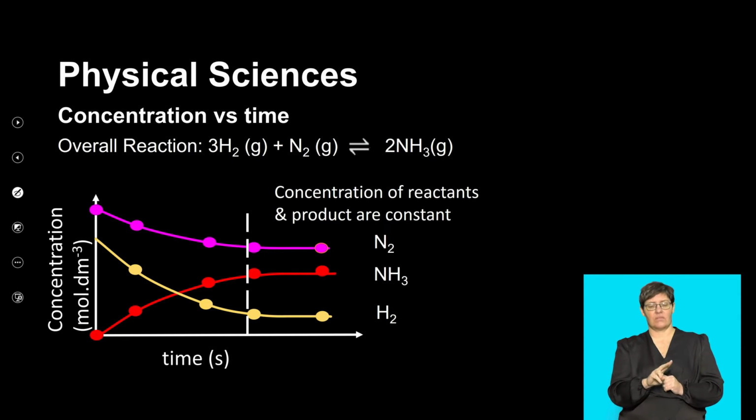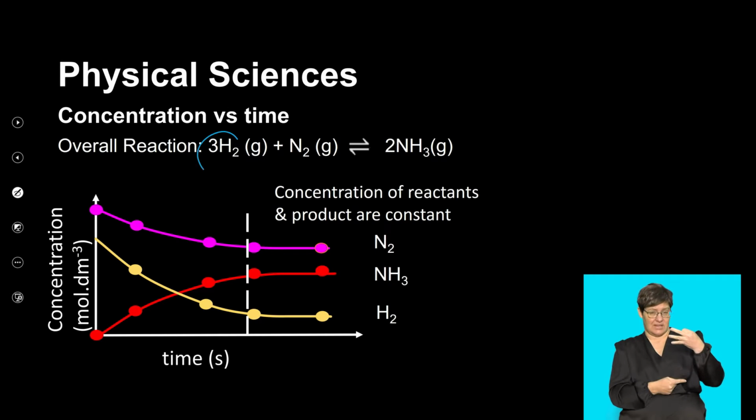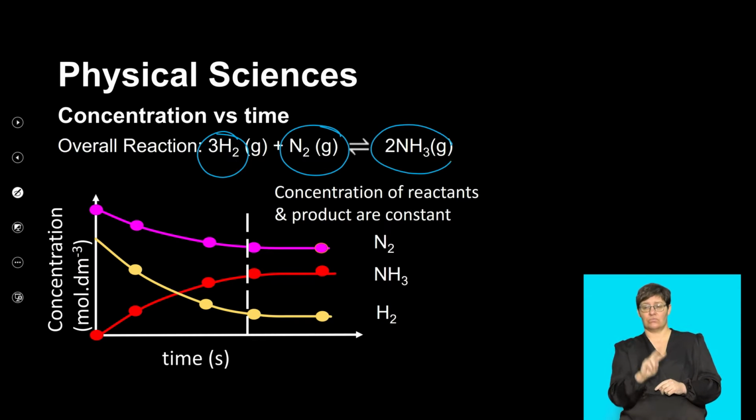We looked at this earlier when we spoke about the overall reaction for the preparation of ammonia gas. Just a refresher on concentrations: we had 3 moles of hydrogen gas and 1 mole of nitrogen gas that produced 2 moles of ammonia gas. We showed that in the beginning, the concentration of the nitrogen decreased, the concentration of the hydrogen decreased, and the concentration of the ammonia increased.